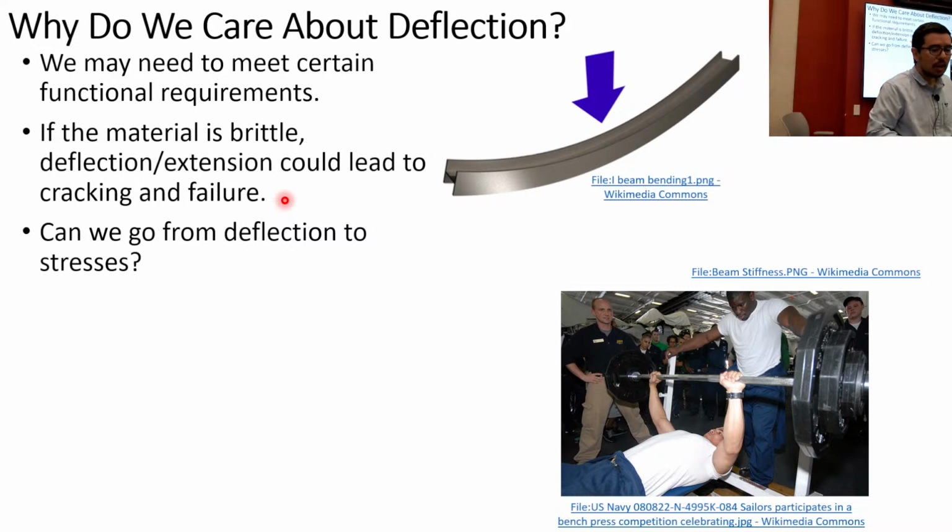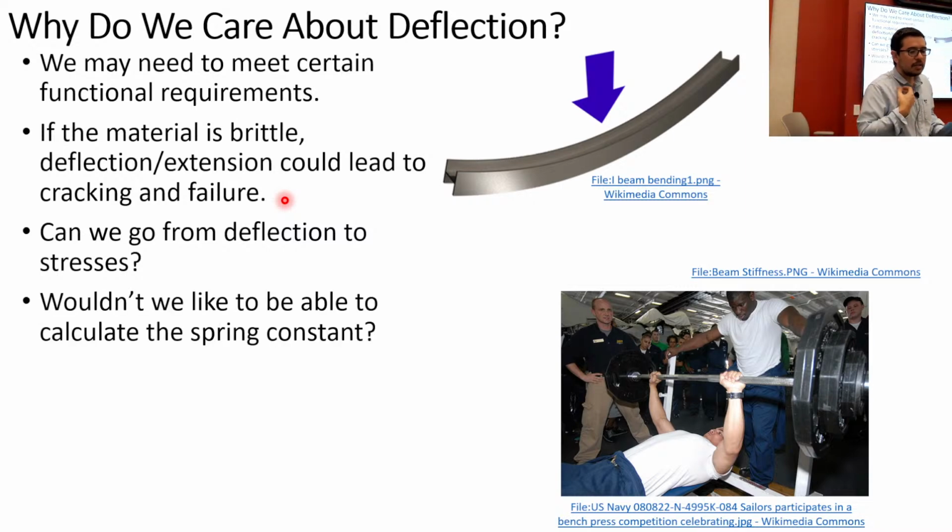Wouldn't it be nice to have a spring constant, right? It's been a little while since we've talked about spring constants. We haven't done it really in the context of beams. We've done it in the context of bars, and in the context of shafts that are twisting, where we have K theta equals torque.